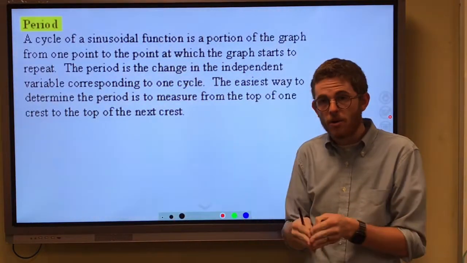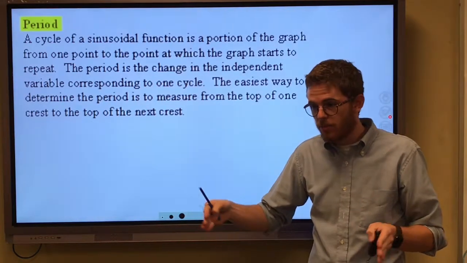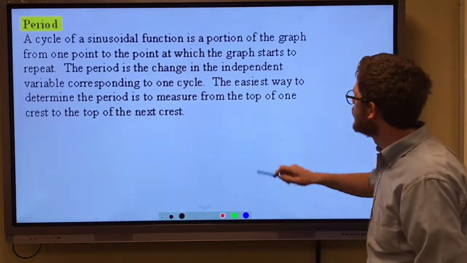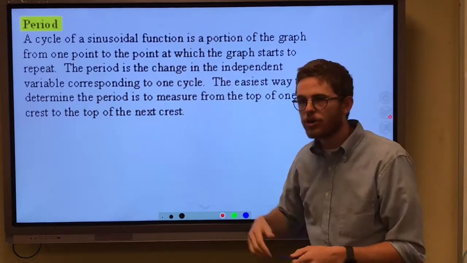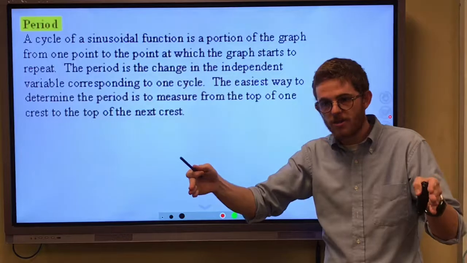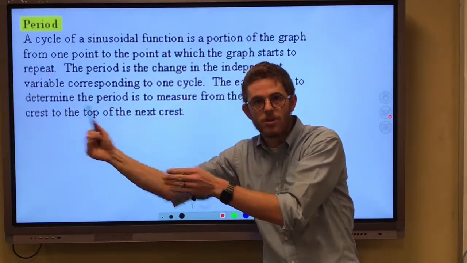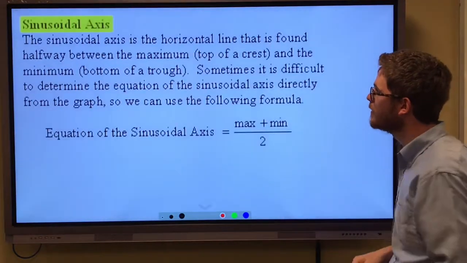What is the x value before it's just going to do the exact same thing again? The easiest way to determine the period is to measure from the top of one crest to the top of the next crest, because once we get to the top of that next crest, it's just going to go down and repeat itself. That is how we calculate the period. We'll do that in a second.